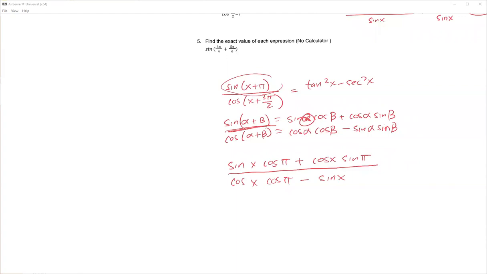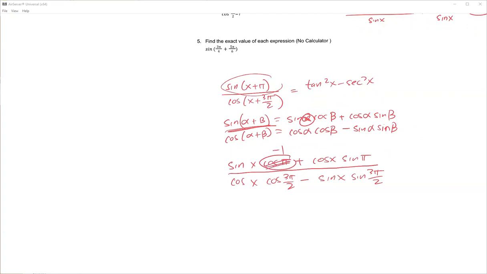Oh, that's right, 3 pi over 2. My bad. Thank you. I was in my zone. 3 pi over 2, and then sine x sine 3 pi over 2. So cosine pi is equal to -1, right?